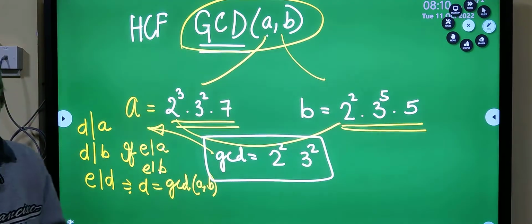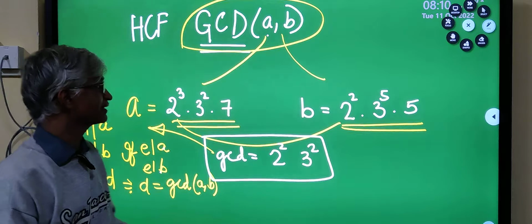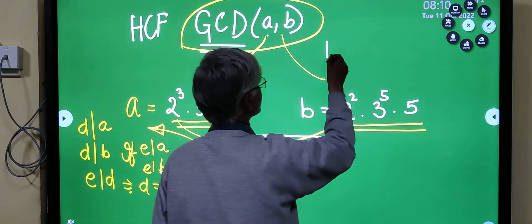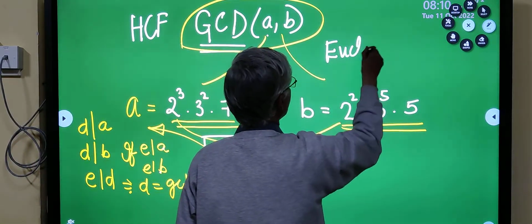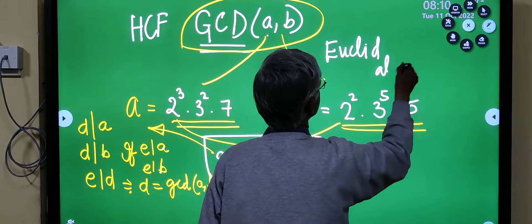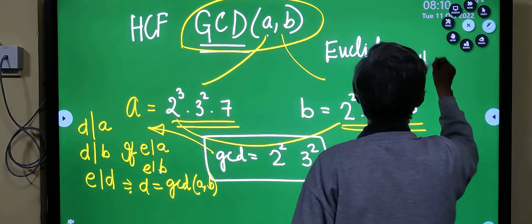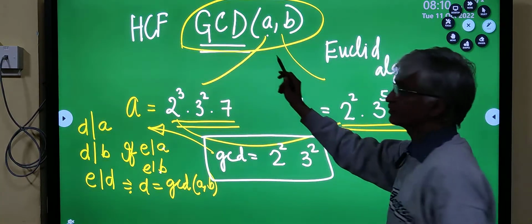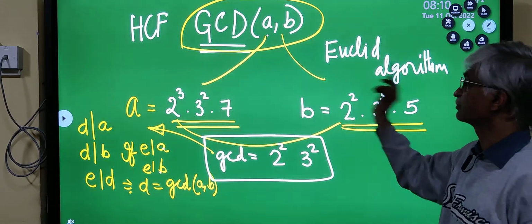So if this is crude, then what is really efficient? What is really efficient is Euclid's algorithm, and all of us have learned how to find out the GCD quickly with the help of the Euclid algorithm.